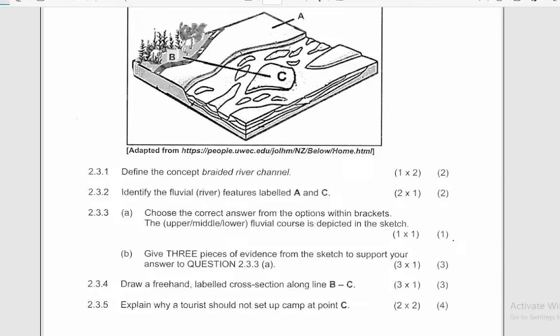Draw a freehand labeled cross section along B to C. Our B is there. You are seeing that B is a higher lying area and there is some form of a terrace here. It's a sudden dropping gradient, then we go to a flatland, and again there's some form of a terrace here, for us to get into the channel. And from here, we are having a heap of deposited material, which are also giving us some form of a sediment bar.